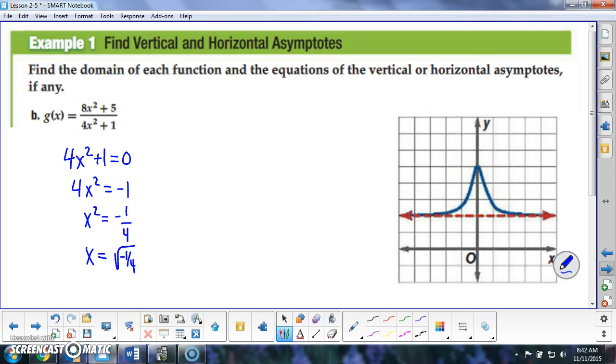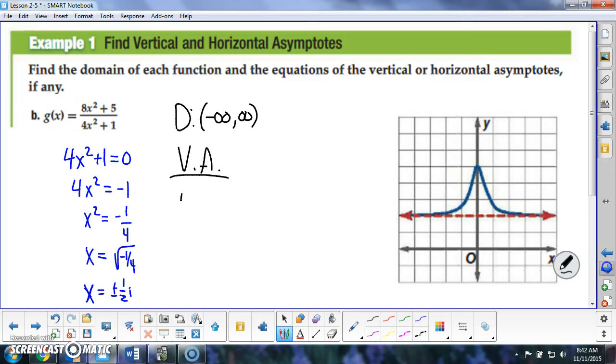We get the square root of a negative number, right? And so that's going to be an imaginary value. We'd actually get plus or minus 1/2 i. So if you get an imaginary value by setting the denominator equal to 0, there are no vertical asymptotes, and thus your domain is all real numbers.